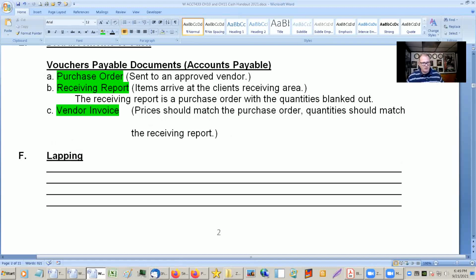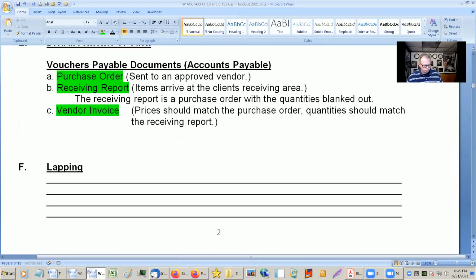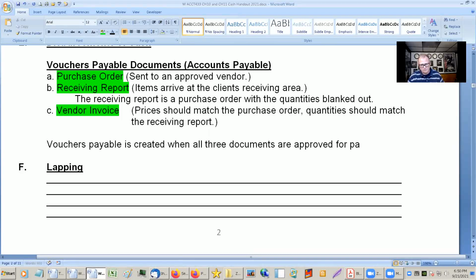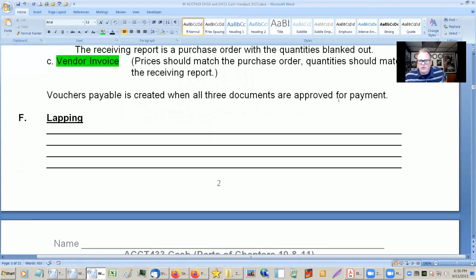And the voucher payable is created when all three documents are approved for payment.